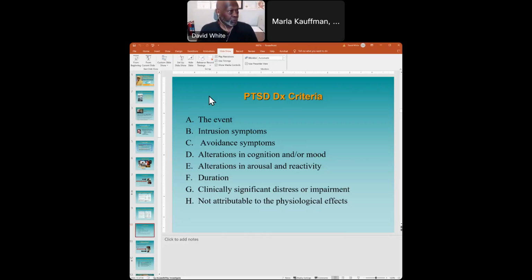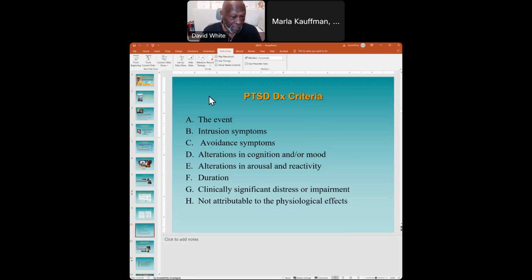If it's lasting for a month or more and has clinically significant distress or impairment, and clinically significant distress or impairment you start to notice as you look at the things that the person is supposed to be doing in terms of their daily routine starting to become disrupted.